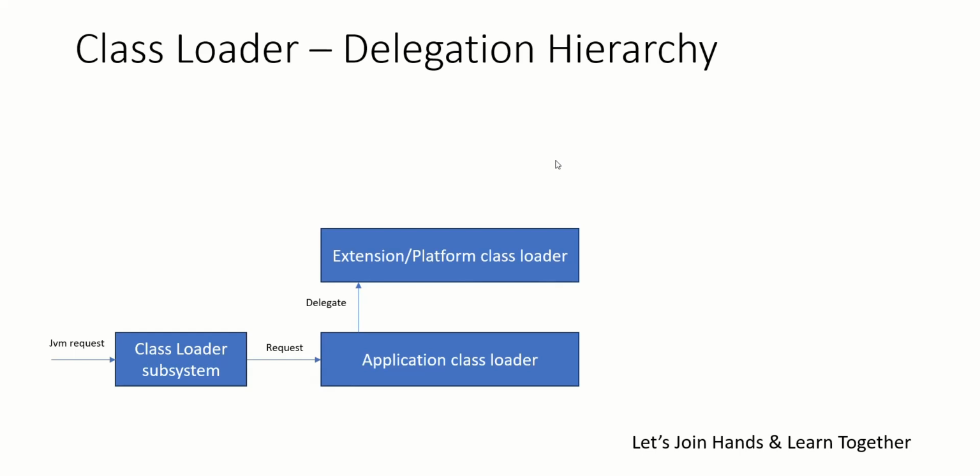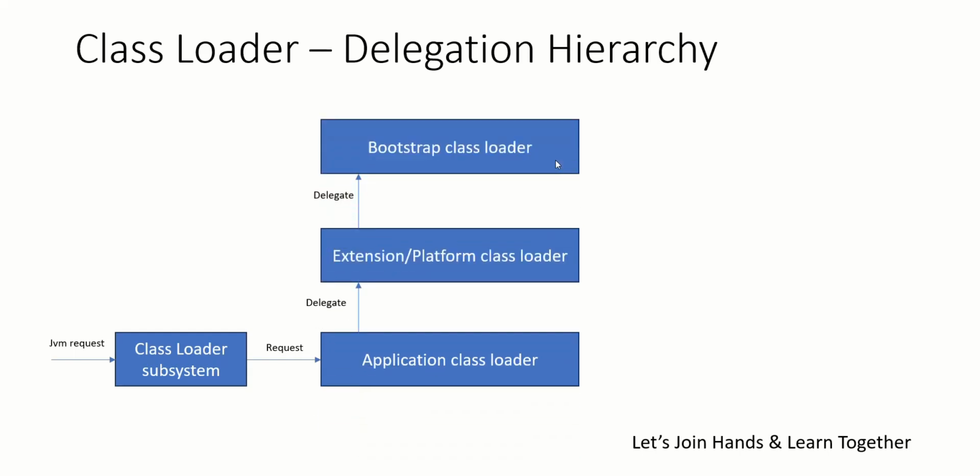The extension class loader won't search in the extension class path. Then it will delegate it to the bootstrap class loader. The bootstrap class loader will search in the bootstrap class path. If it is present, it will load, and that loaded class will be visible to child classes.